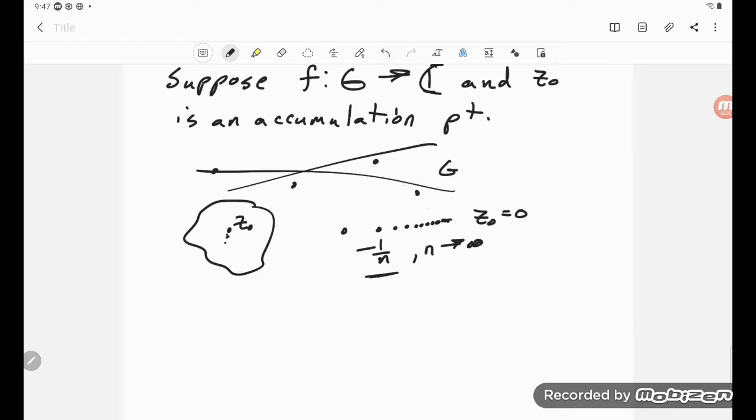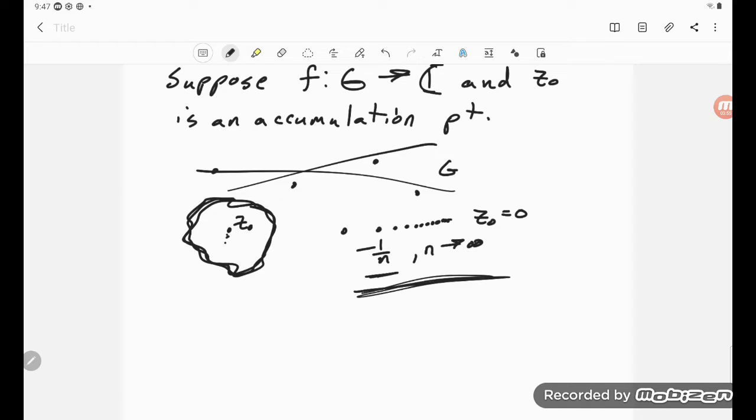And I say weird just in that typically I'm probably thinking of a set like this one over here on the left, where it's just some nice open set and nothing strange is going on. But when they talk about an accumulation point, you could have something more like this right hand side here.